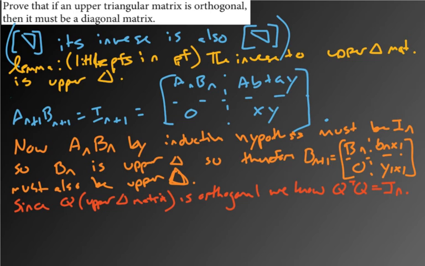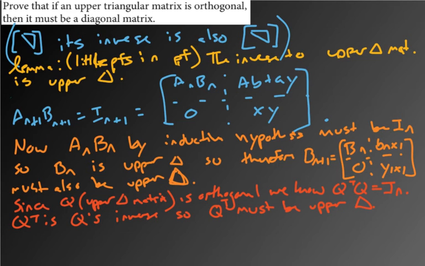That's a result we saw from the previous video. And we know by definition then Q^T is Q's inverse. So by my lemma, Q^T must be upper triangular.